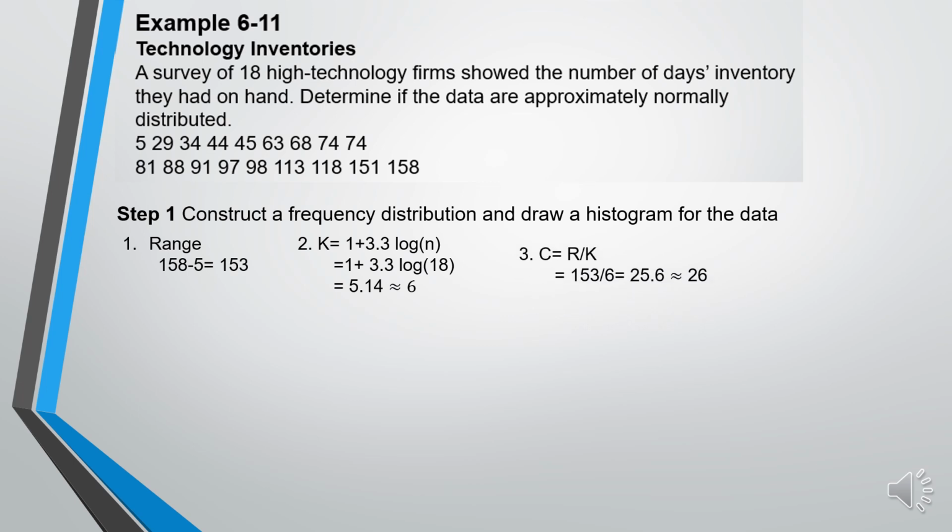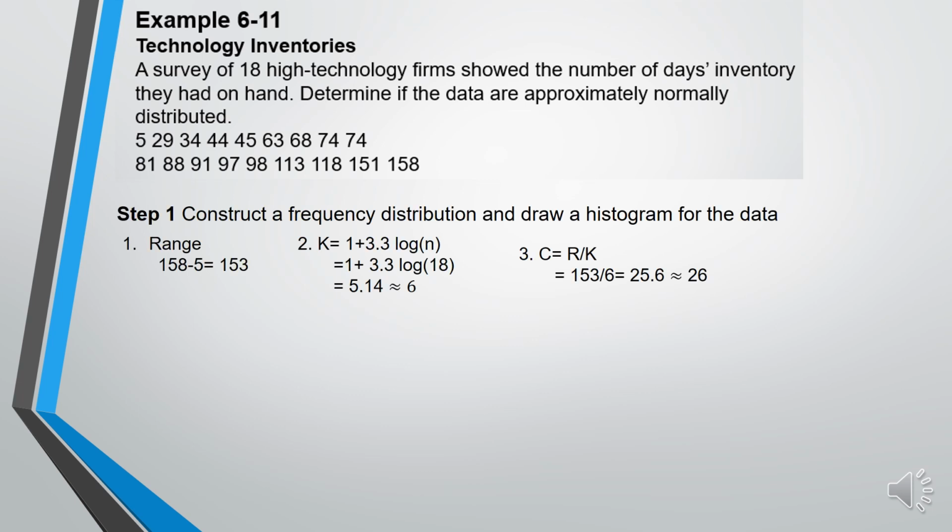Next is to find the c, wherein c is equal to the range divided by k, where c is the class width. So 153 divided by 6 is equal to 25.6 or approximately 26.